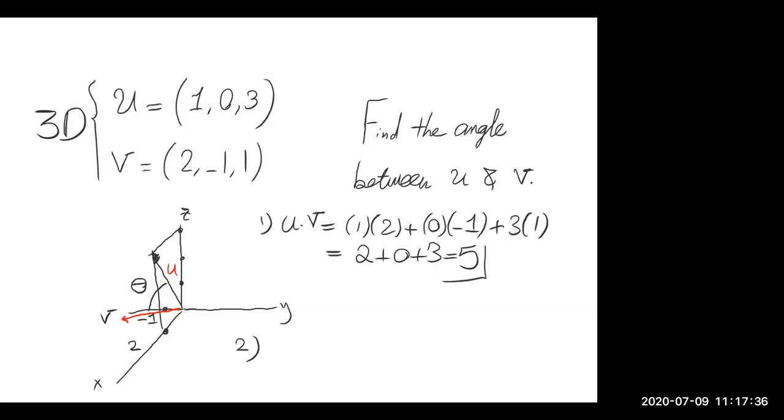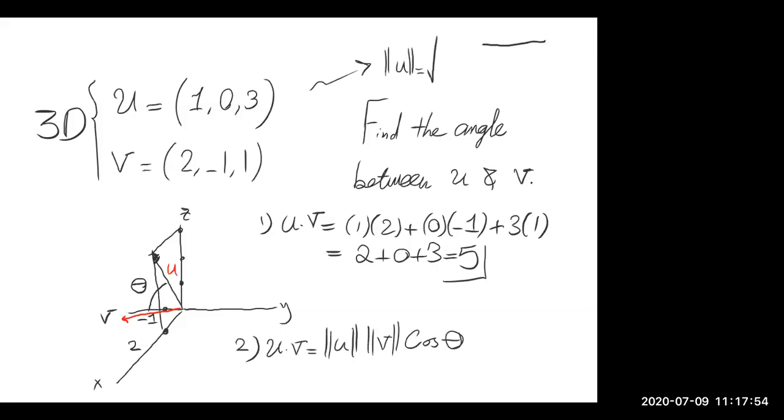The second way to compute the inner product is by computing the length of u and v, multiplying them, and multiplying by the cosine of theta, the angle between them. So what is the length of u? The length of u is the square root of the sum of the squares of the components. So it would be 1 squared plus 0 squared plus 3 squared, 9 plus 1, 10.